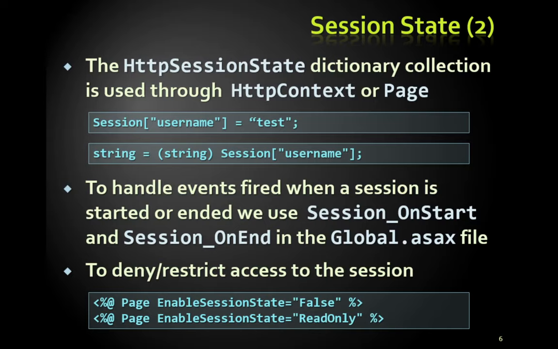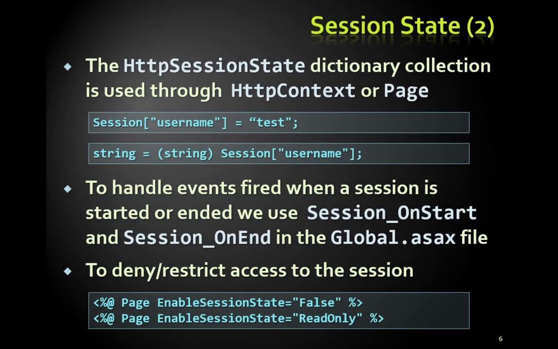There we write the code for whatever we want to perform when the session starts, or on deletion of the session we want to do something like freeing memory. That we can do in the global application class, global.asax. For a particular page we can restrict the session, so that you don't want a session or you want only a read-only session.